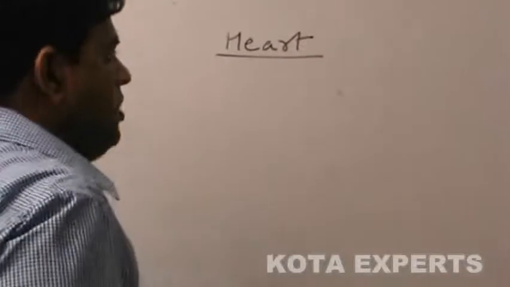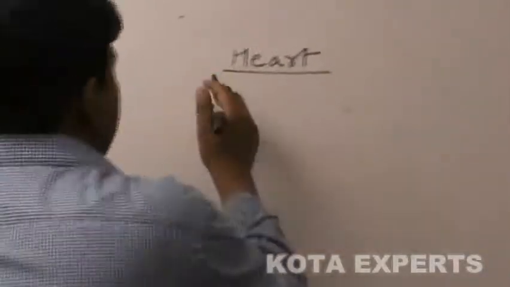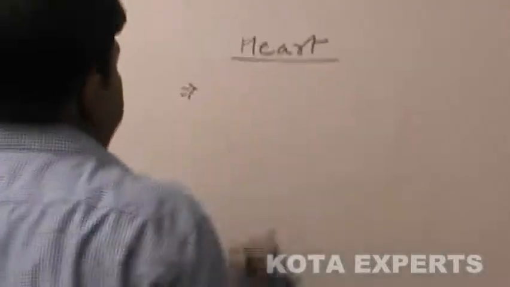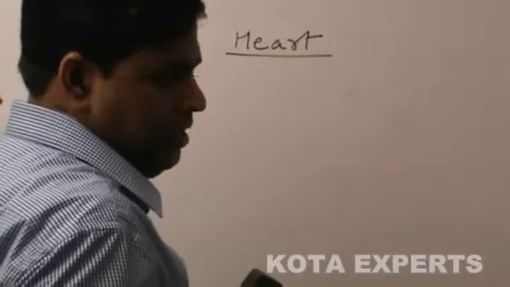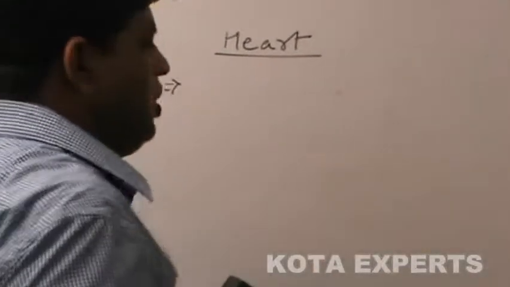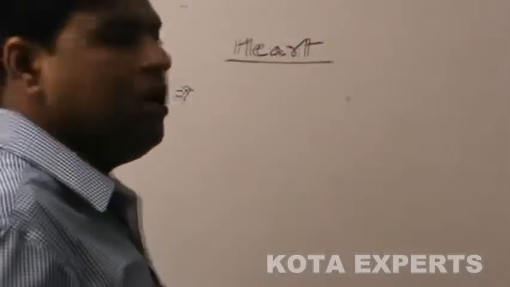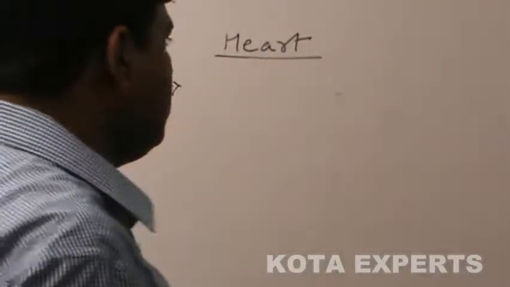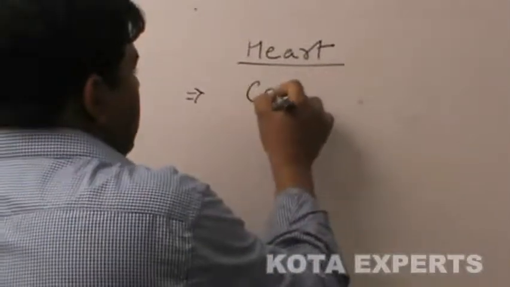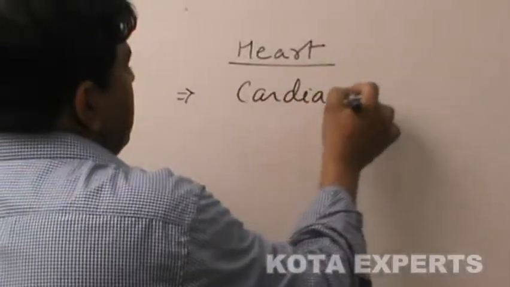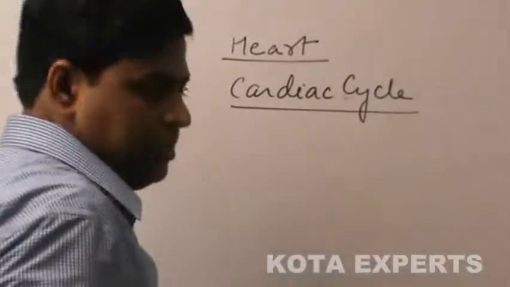The heart is simply a pumping organ. So this pumping organ pumps the blood, and those cyclical changes which take place during the pumping of blood by the heart are known as the cardiac cycle, or heartbeat.